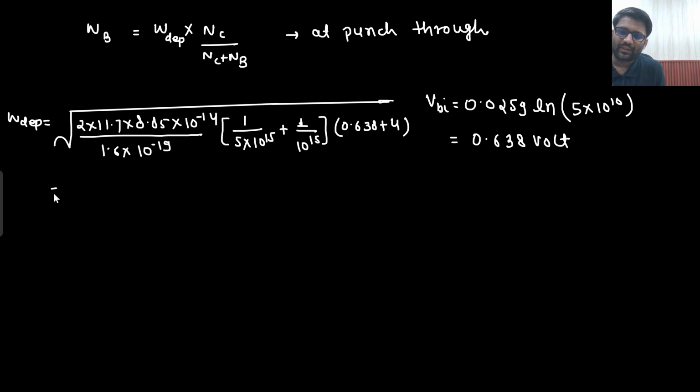Okay, so I can solve this one. Upper side it would become 1.2 divided by 10 to the power 15. So 10 to the power minus 14 will go out completely, so 1.2 would remain there.